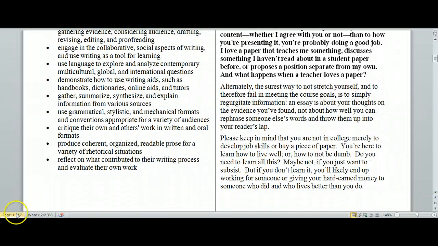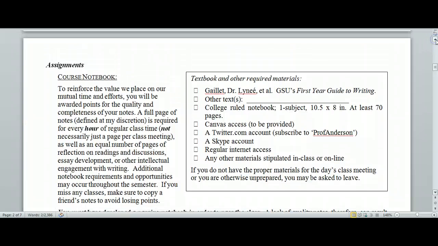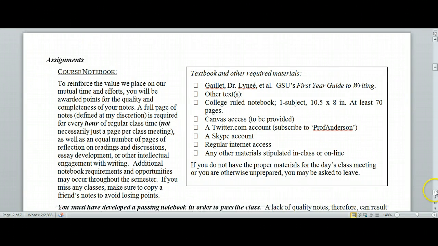Moving down a bit. Okay, so now we're down on page 2. One of the things that I hope you're doing with this is, by the time you're seeing this, chances are you've already received the syllabus test, and if not, you will.